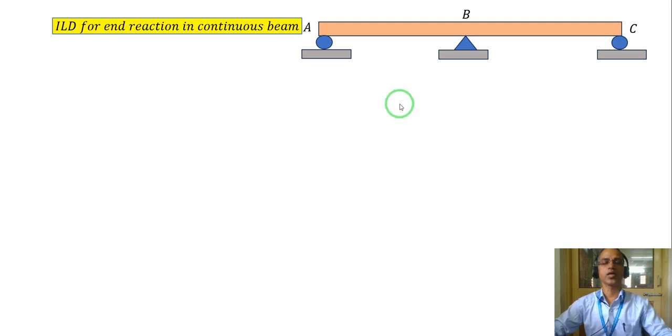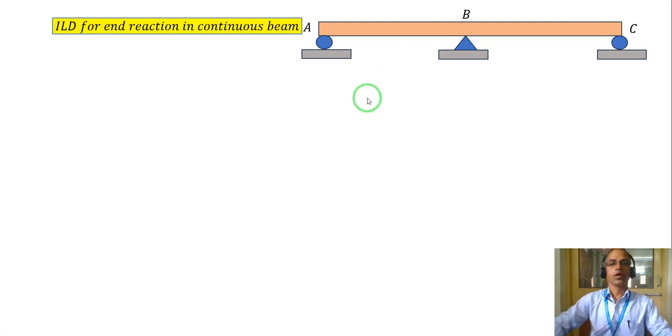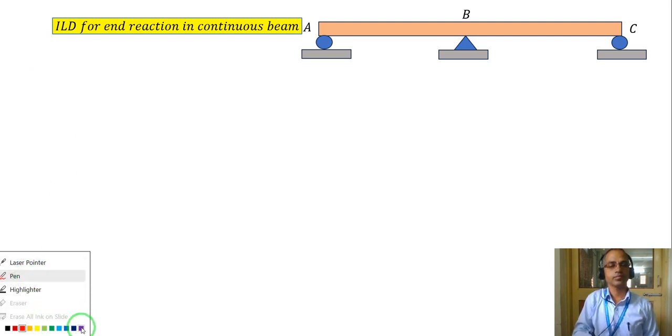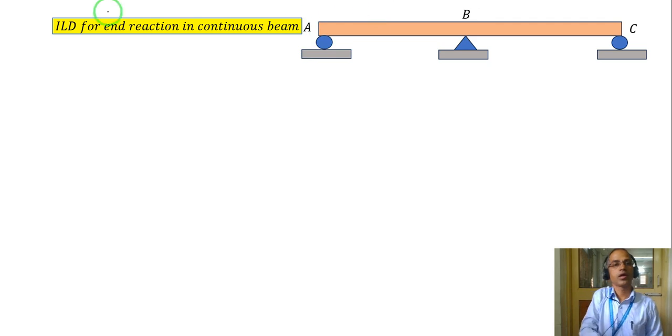We can have ILD for RA, ILD for RB, and ILD for RC, which is similar to ILD for RA.